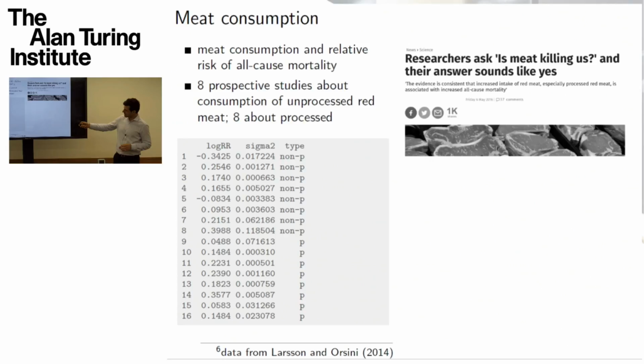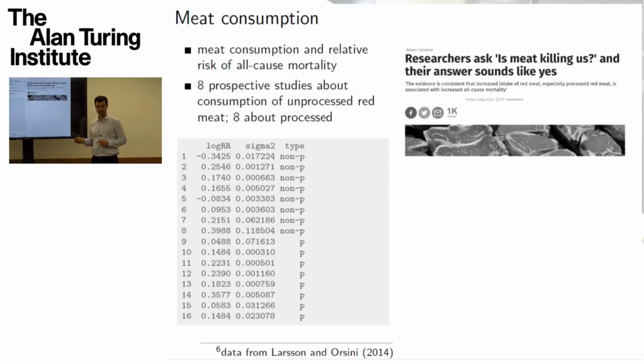And this is a data set which has been used in one of the studies that led to this stream of press. So here you have meat consumption and relative risk, the log relative risk of all-cause mortality, from 8 prospective studies about consumption of processed red meat and 8 about unprocessed red meat.